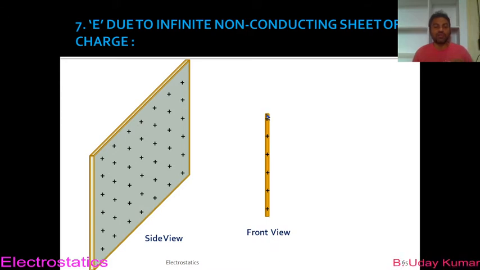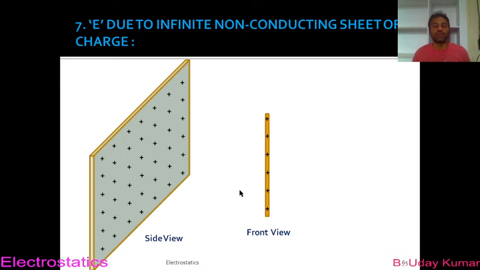So for convenience, you can forget about the sheet itself. Whatever the sheet that is there here, it is made of charge. So that is nothing but the non-conducting sheet of charge. When it is looked at from the side, it looks like this, and if you see it from the front, it looks like this.